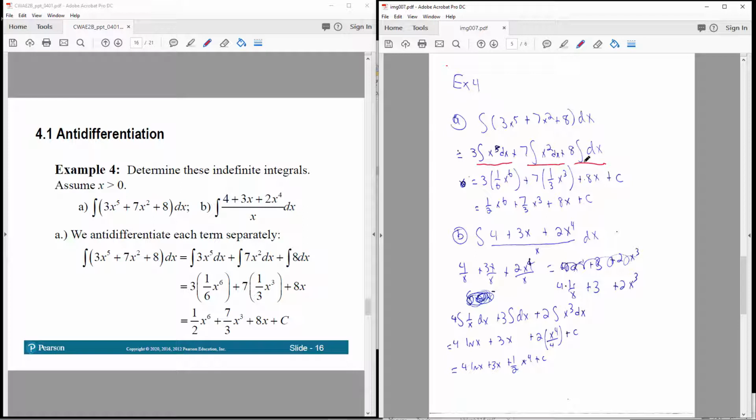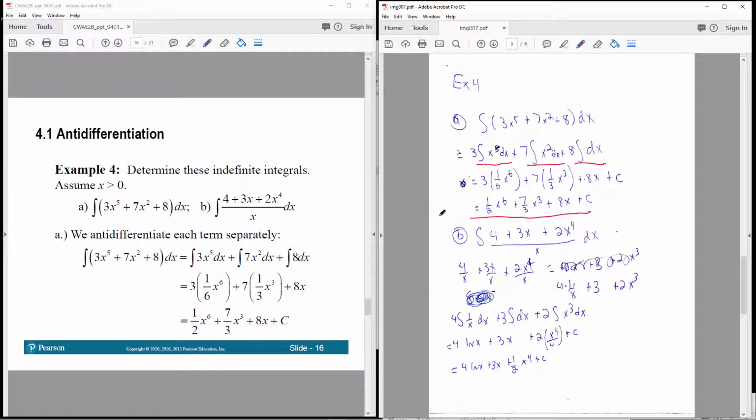And then I integrate. X to the 5th integrates to x to the 6th times 1/6. X squared integrates to x to the 3rd over 3. And dx integrates to x. On the outside I have an 8. Then I factor out the constants, then I integrate. And I put it back together for my final answer here.